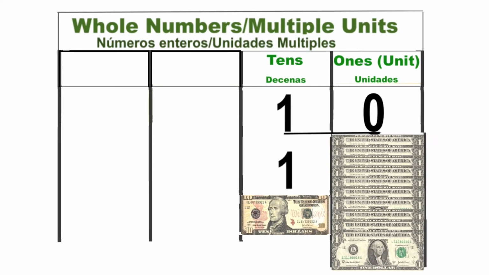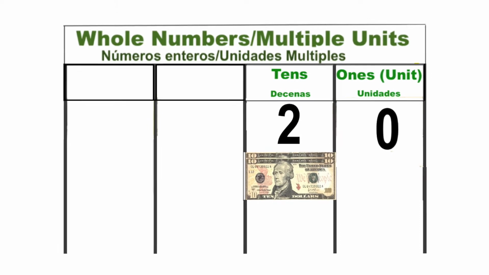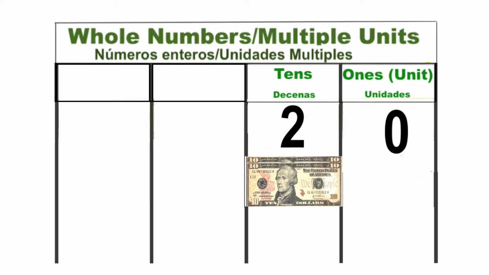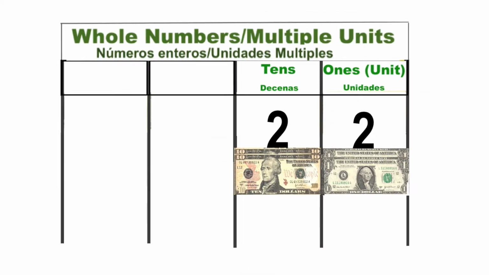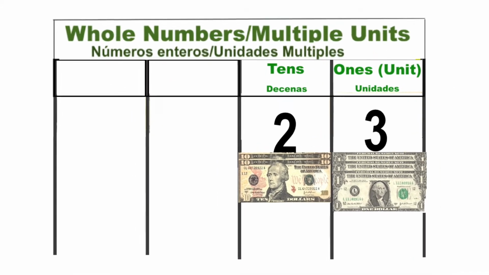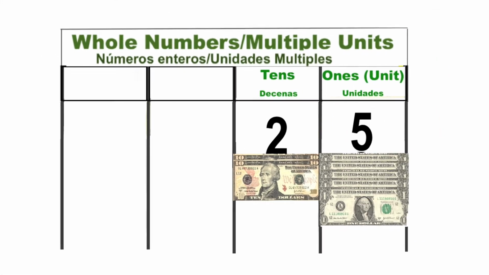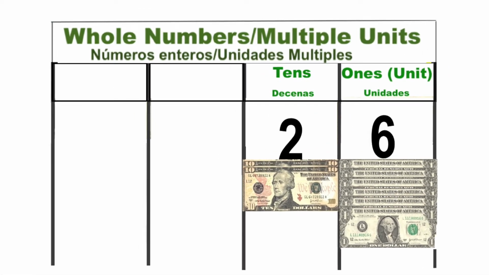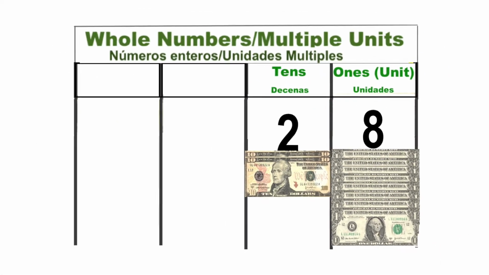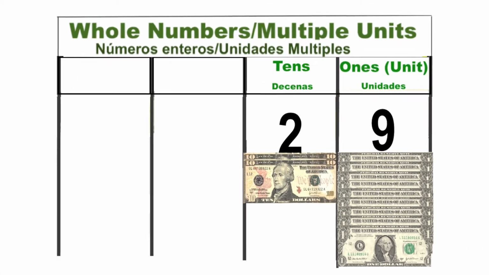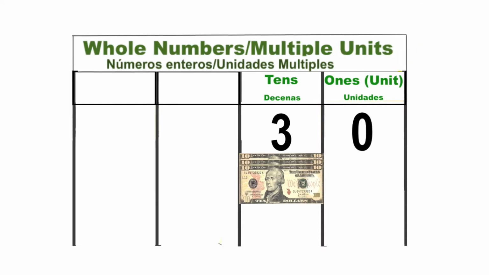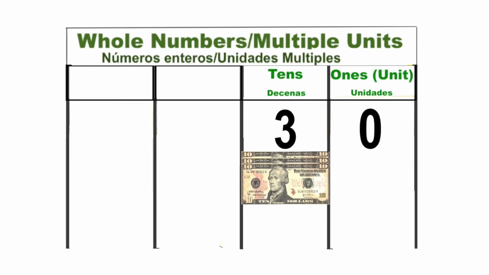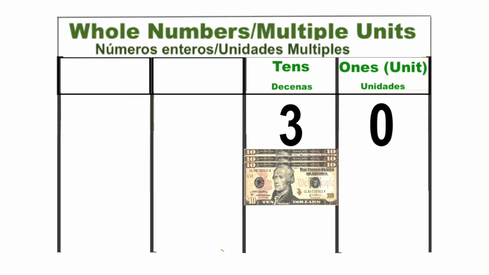Convert 10 ones to a 10 for a total of 2 tens, 0 ones. Start counting. 21, 22, 23, 24, 25, 26, 27, 28, 29, 30. Convert 10 ones to a 10 for a total of 3 tens, 0 ones.